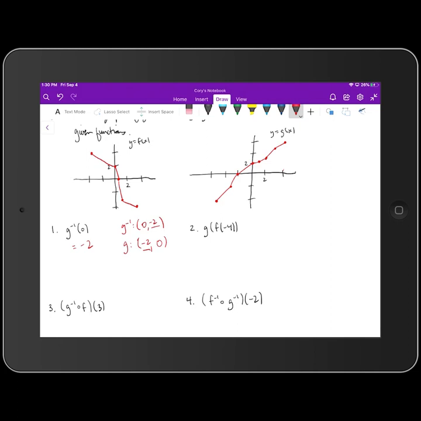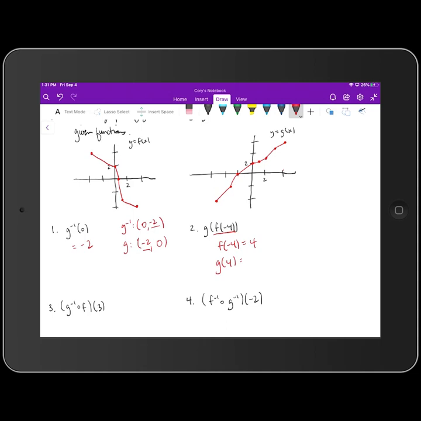So for number 2, we have g composed with f of -4. The first thing we have to calculate here, if we have a composite function, is f's value at -4. So I go to the graph of f. At -4, the y coordinate is going to be equal to 4. So this is asking us to find g of 4.